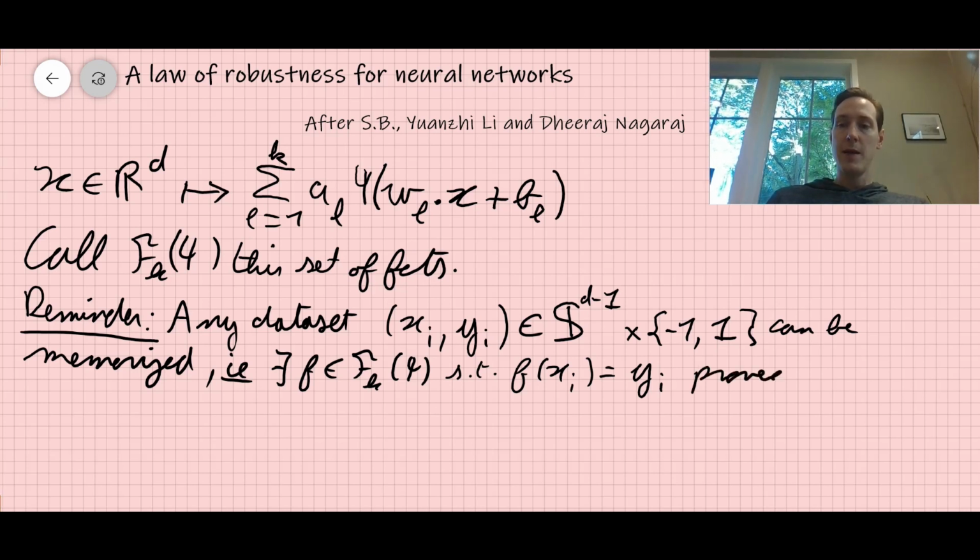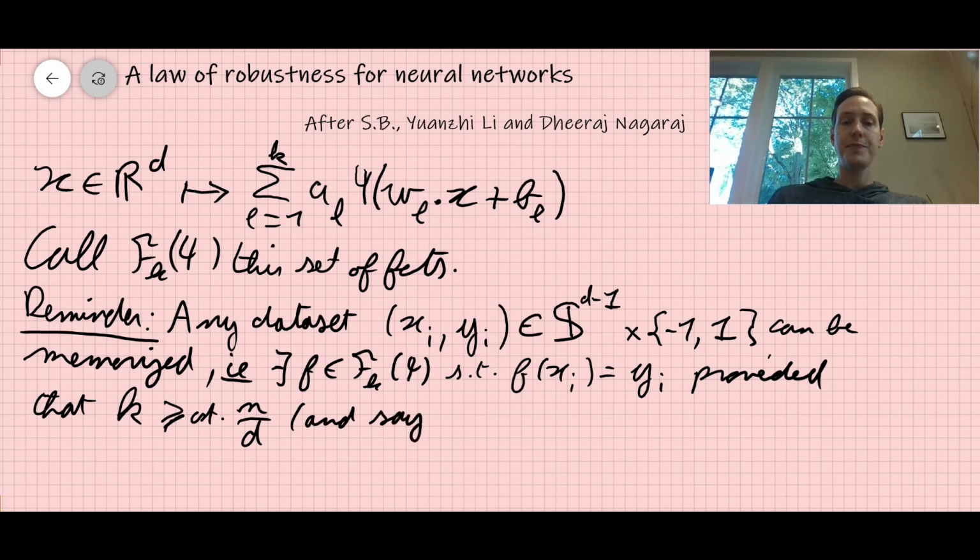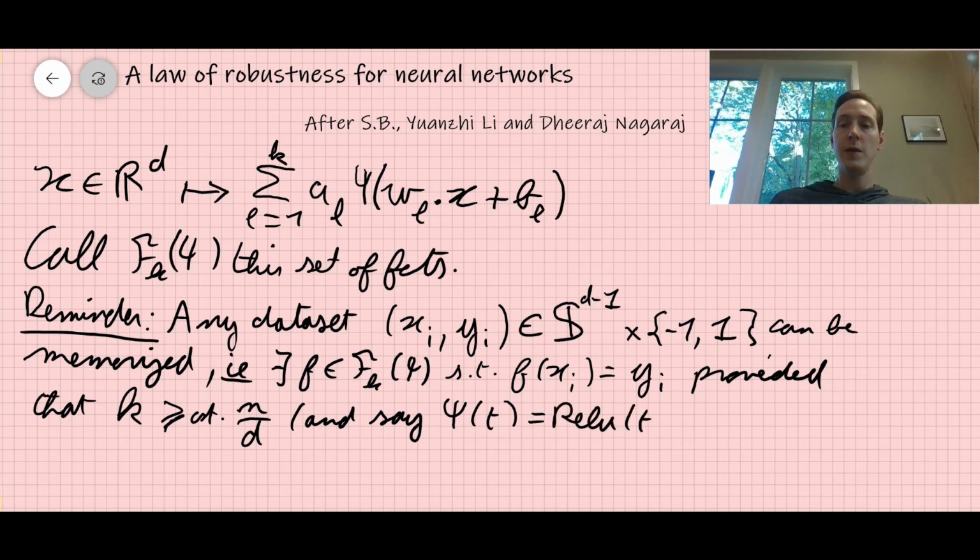Provided that k, the number of hidden neurons, so the size of the network, is larger than some constant times n over d, and say psi, the nonlinear activation function, is the ReLU. ReLU of t is defined as the maximum between 0 and t. A very simple nonlinearity.